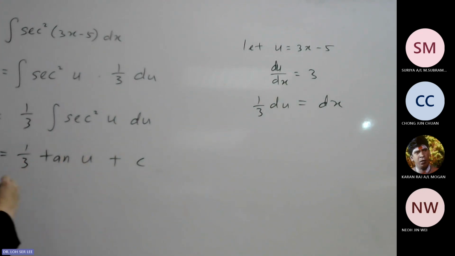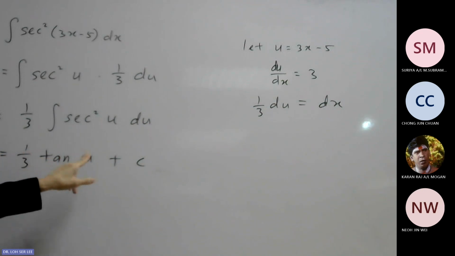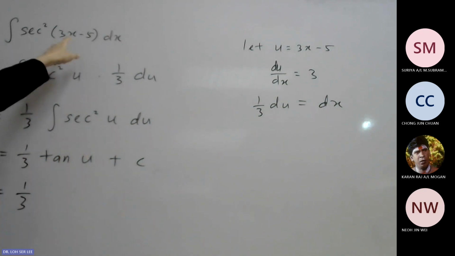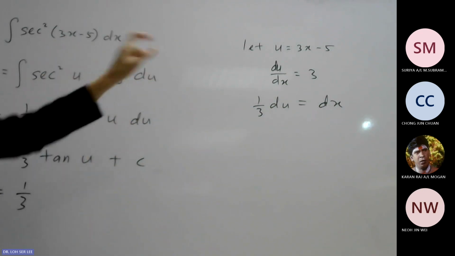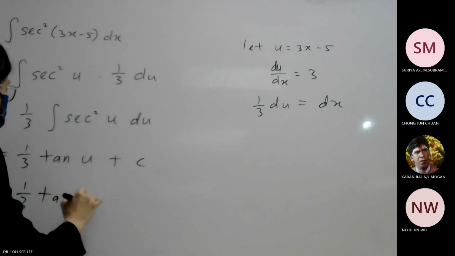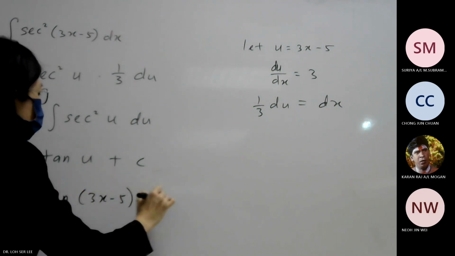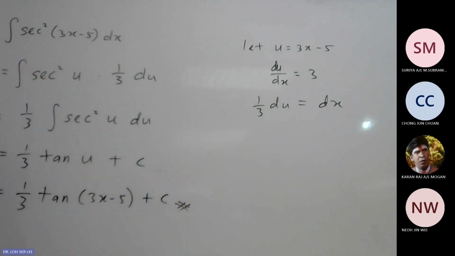Finally, you have to change the u back into x, because this is in x. So your u is 3x minus 5, plus c. So this is the answer.